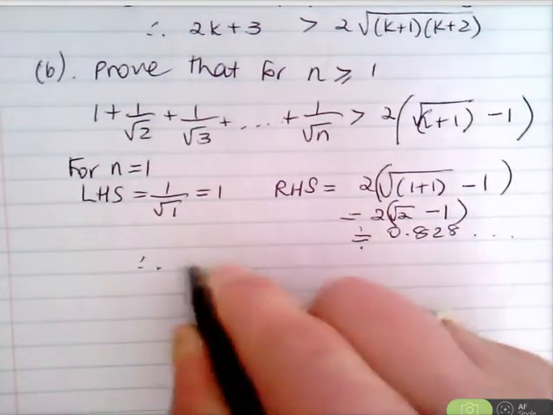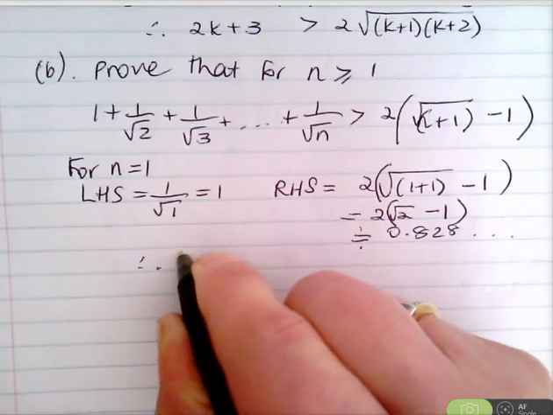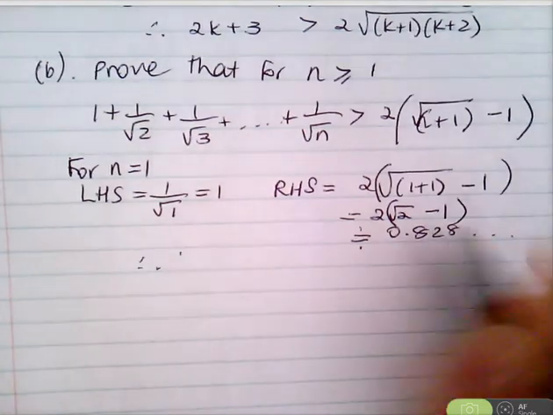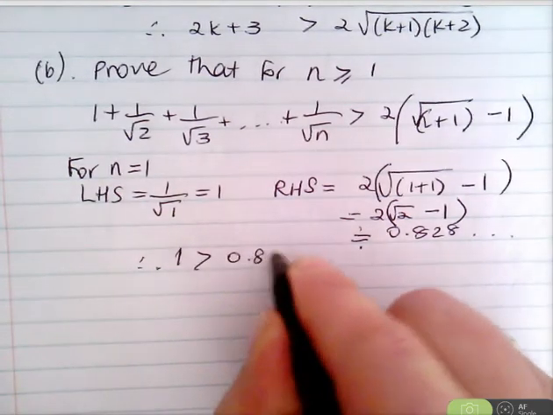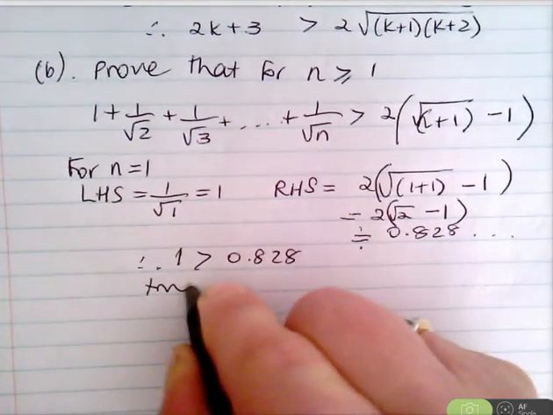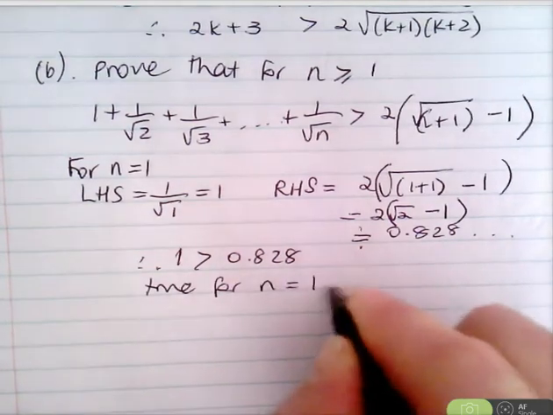So obviously the left-hand side is greater than the right-hand side, so 1 is greater than 0.828, so therefore true for n equals 1.